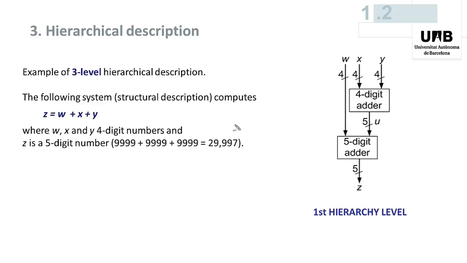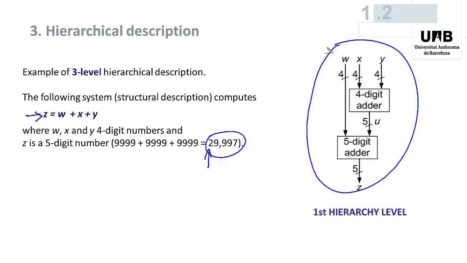Consider a system that computes the sum z of 3 4-digit numbers. You can check that the maximum value is this one, so that the result is a 5-digit number whose most significant digit is 0, 1, or 2. The first hierarchical level is a circuit made up of 2 different components, a 4-digit adder, like the one we described before, and a 5-digit adder.